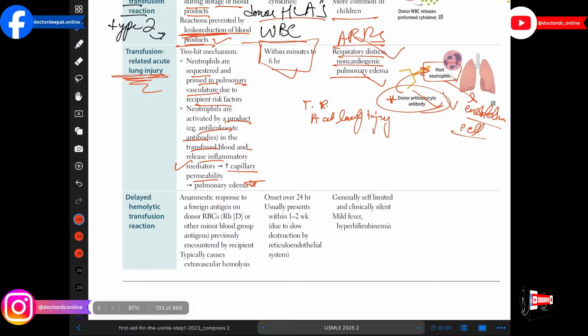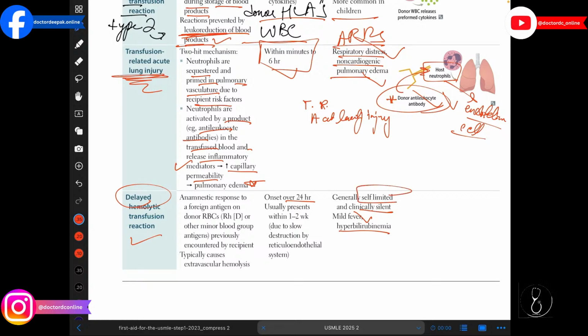Now we are going to our next type, that is delayed hemolytic transfusion reaction. It has an onset over 24 hours, and sometimes it is clinically silent, having mild fever and hyperbilirubinemia.